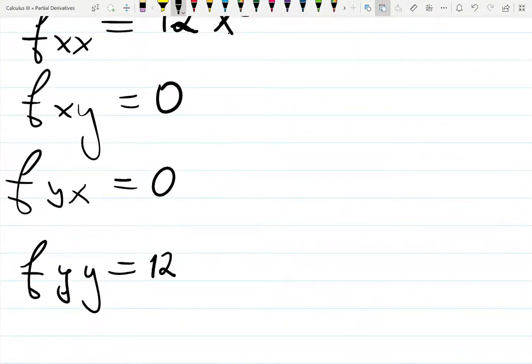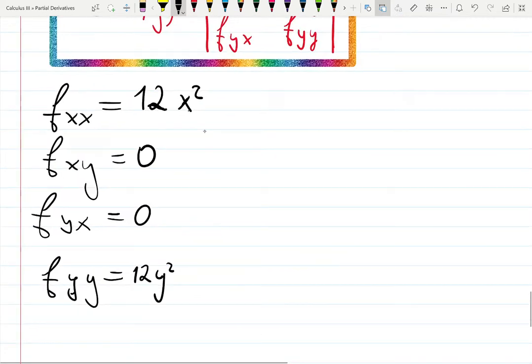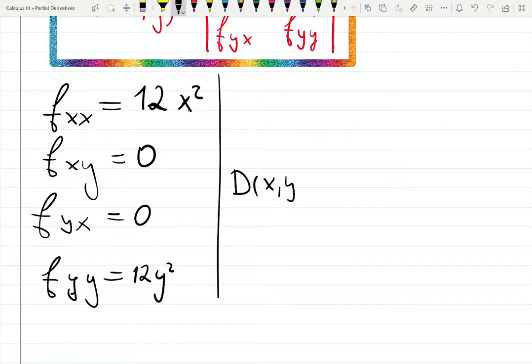12y squared. So the determinant of those two variables, x and y. Imagine having more dimensions. So you'll have to have xx, xy, xz, yx, yy, yz, zx, zy, zz, and so on.